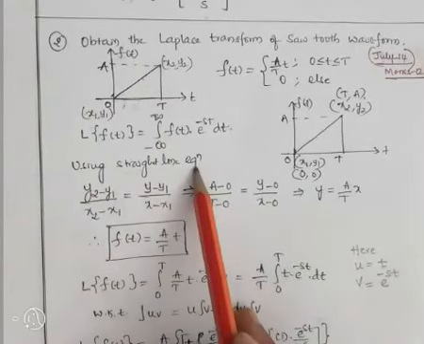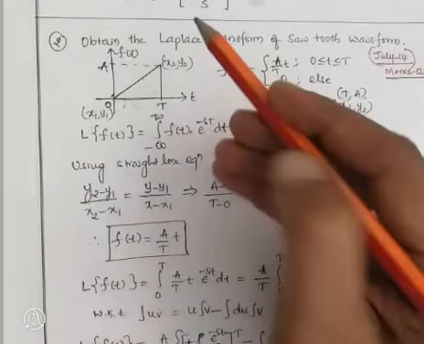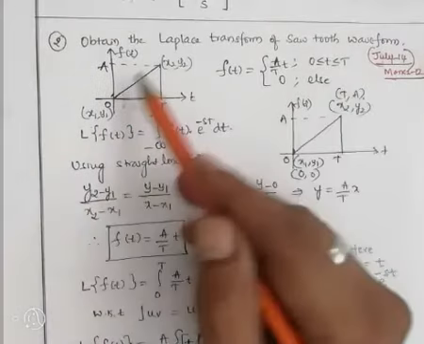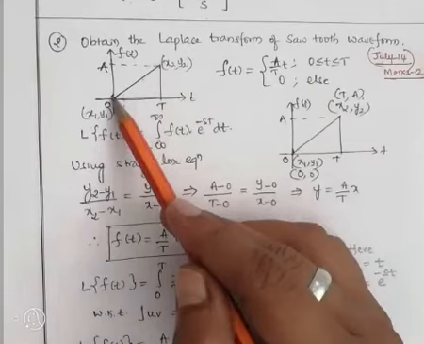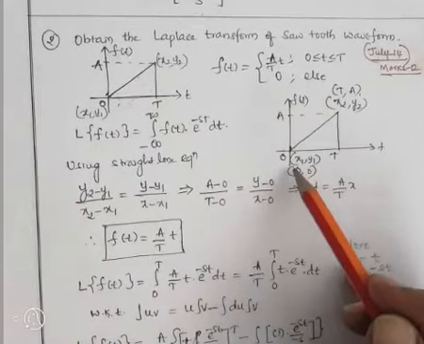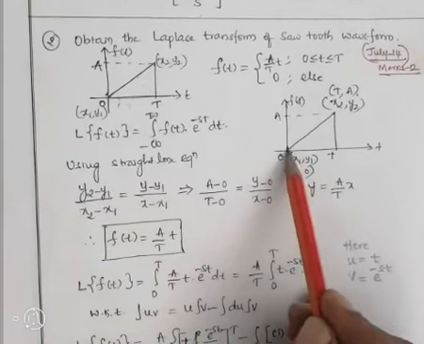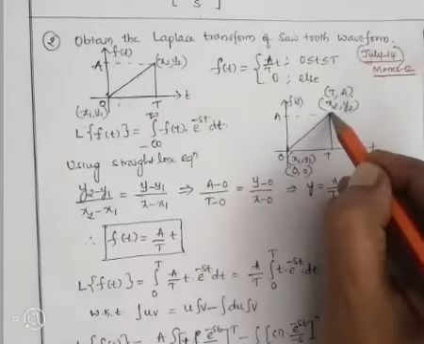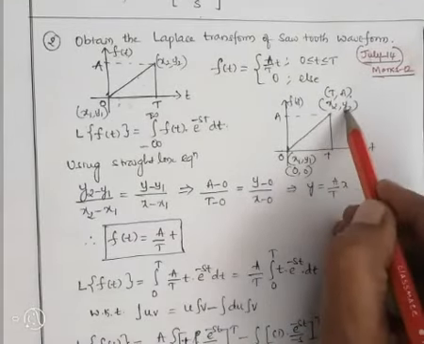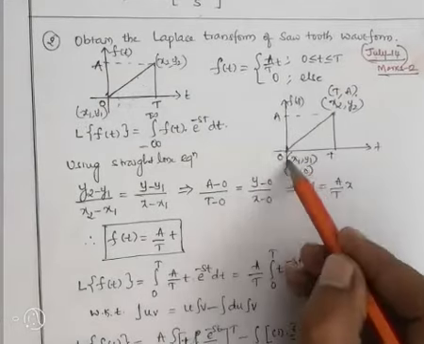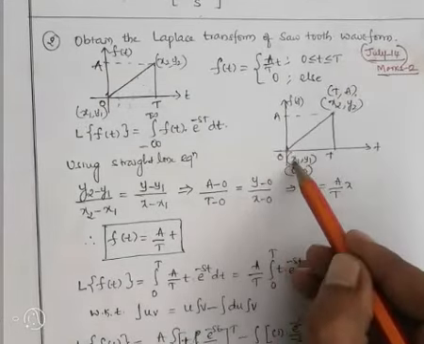For that straight line equation, I am going to represent these two ends. A straight line means joining two ends. I will represent this point by the coordinates x1, y1, and this point by the coordinates x2, y2. Coming to the first point, the coordinates are x1, y1.